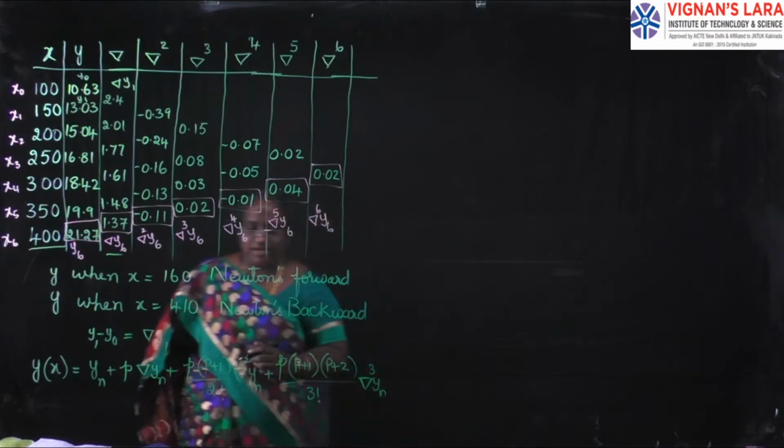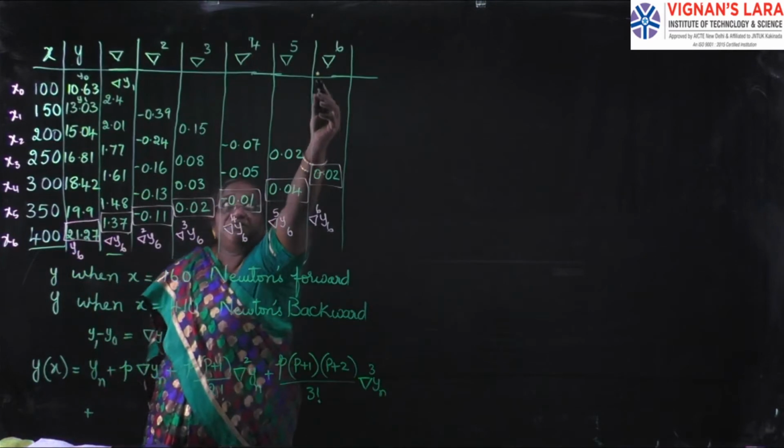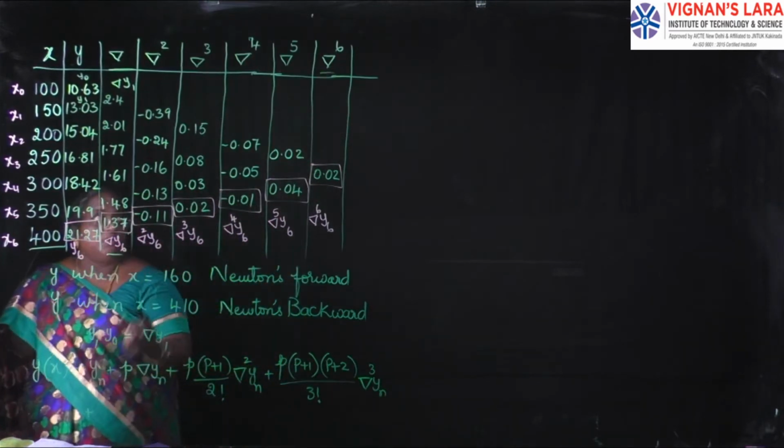of yn plus, because we have up to 6th backward difference here, we have to write the formula up to 6th backward difference.